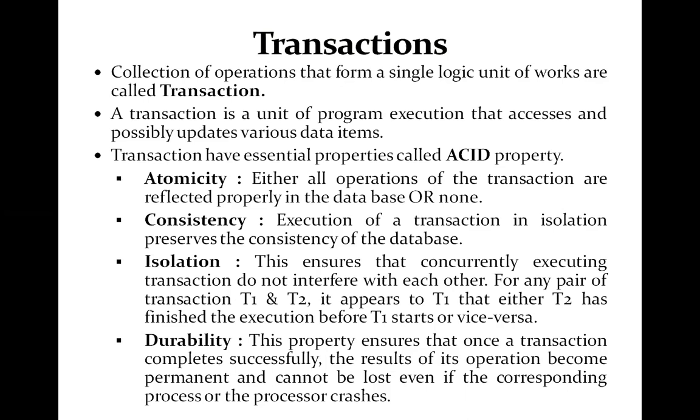Now, the second property is the consistency property, which tries to ensure that while a transaction is in progress, other processes which are executing concurrently with the transaction are not going to modify or observe any intermediate states of the transaction.